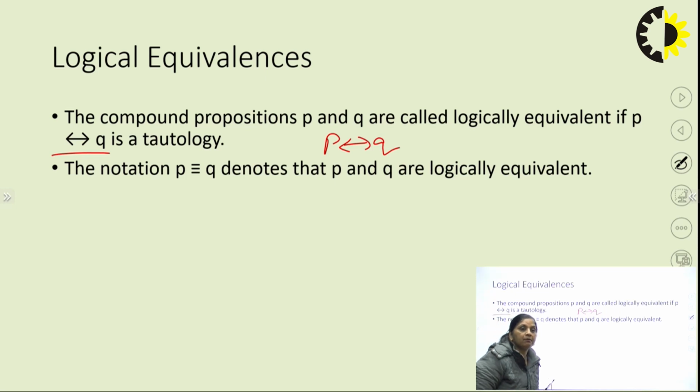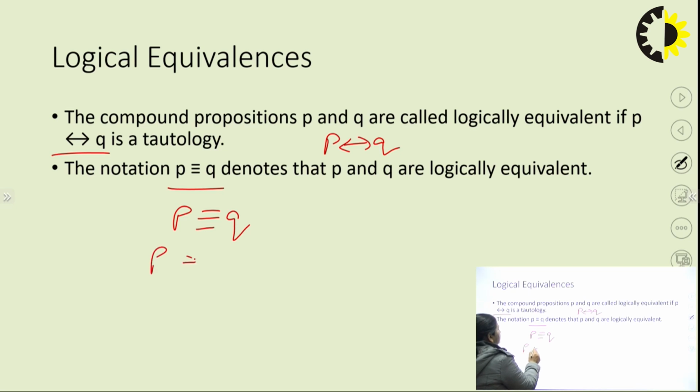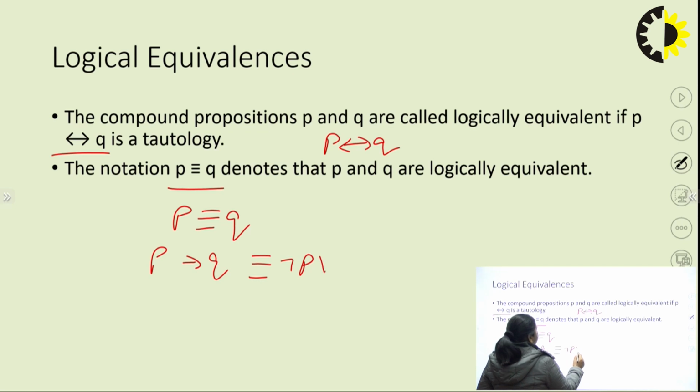So when we have logically equivalent propositions, we get the same truth table for both. For example, P implies Q is logically equivalent to not P or Q.